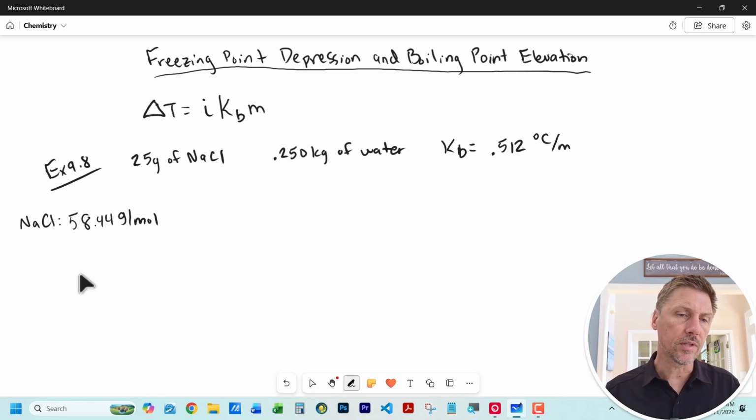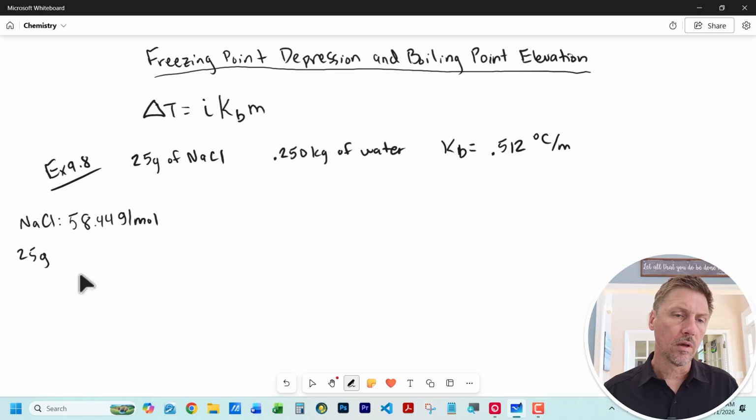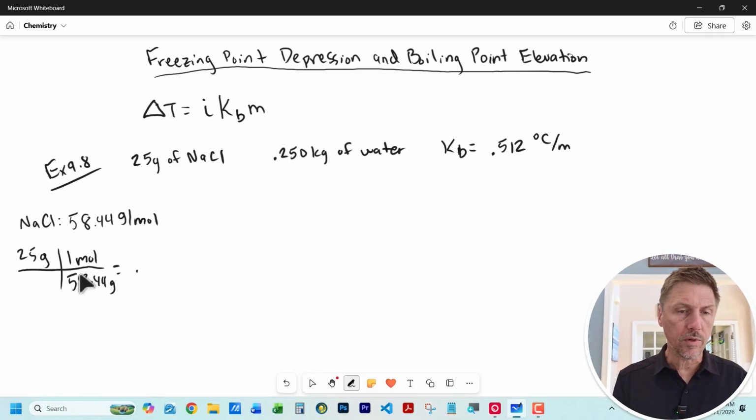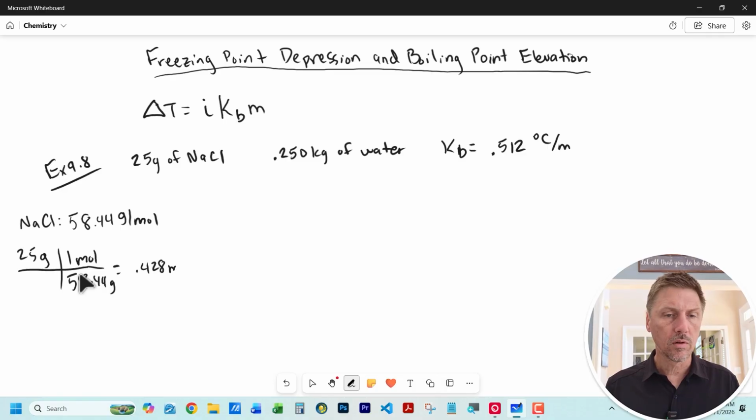And so that means that 25 grams of NaCl is going to be multiplied times 1 mole divided by 58.44 grams. And that's going to give us 0.428 moles of NaCl.